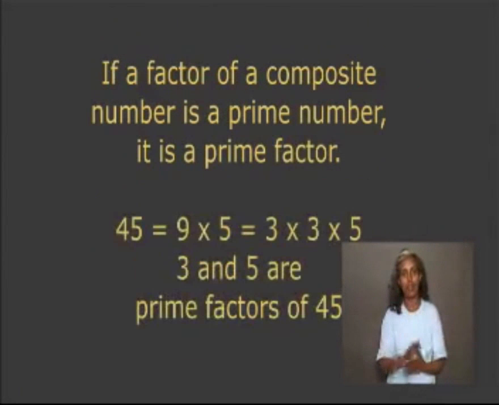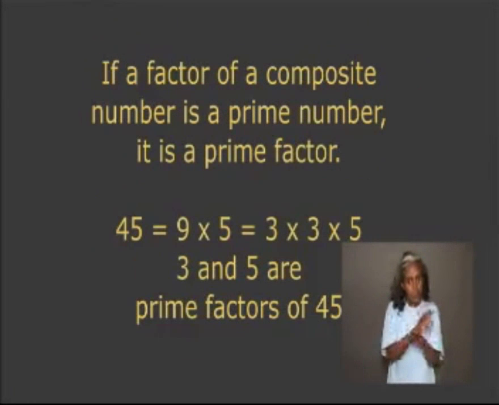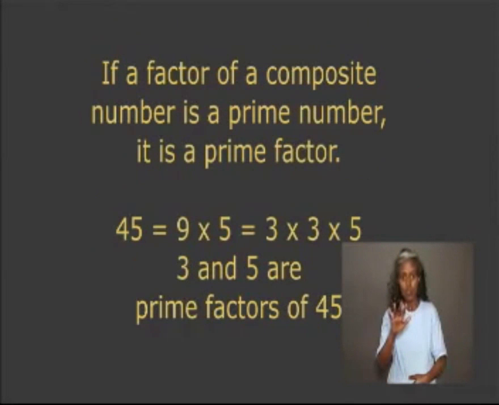We can factorize 45 by writing 9 times 5. 5 is a prime number. 9 can be factorized by writing 3 times 3. 3 is a prime number. Therefore, the prime factors of 45 are 3 and 5.